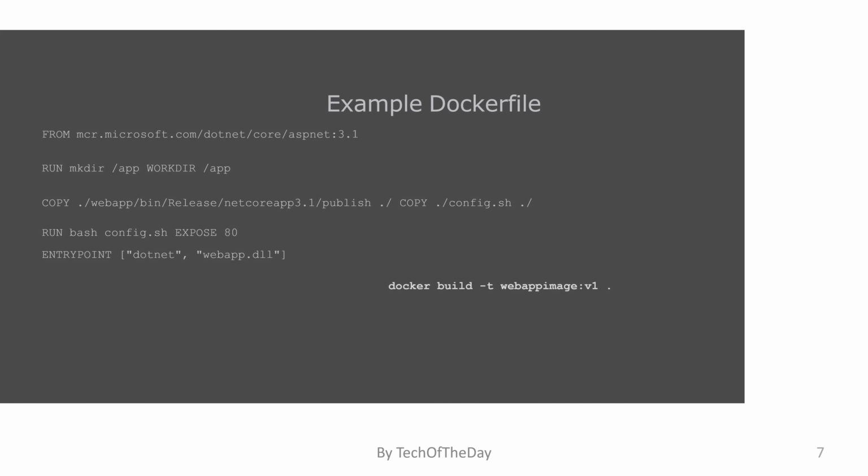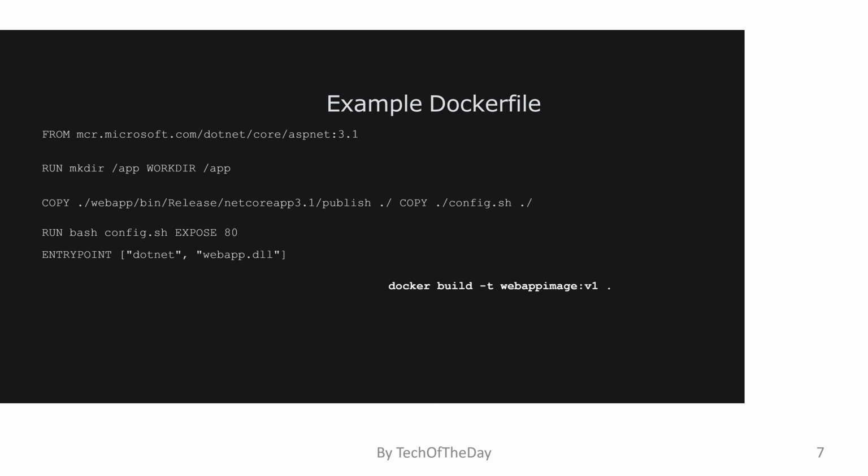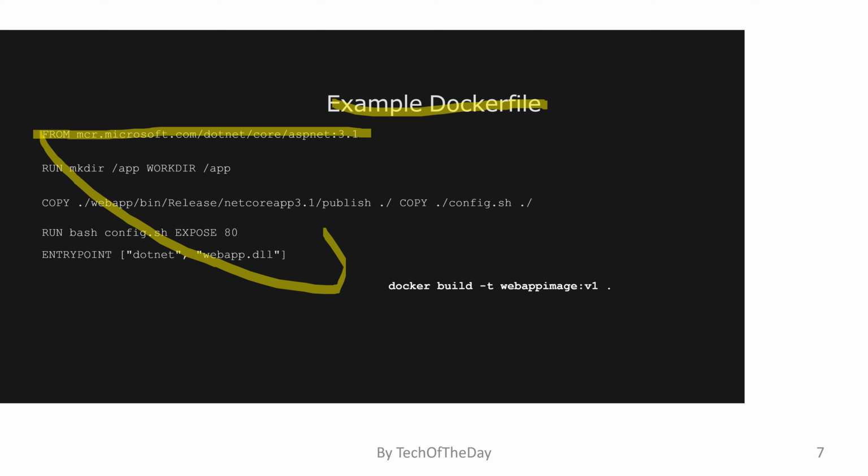So as I promised, we have an example of a Dockerfile, and this is how it looks. FROM mcr.microsoft.com ASP.NET Core 3.1. So what we are saying here is, I want to use ASP.NET Core 3.1 from this location.